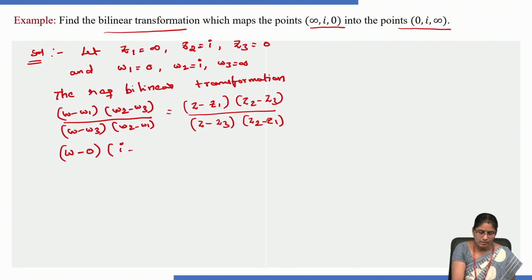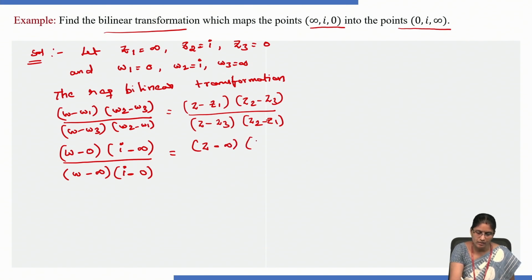W2 is i minus w3 is infinity, by w minus w3, again it is infinity, w2 i minus w1 is 0, is equal to z minus z1 is infinity, z2 is i minus z3, z3 is 0, by z minus 0 into i minus z1 is infinity.